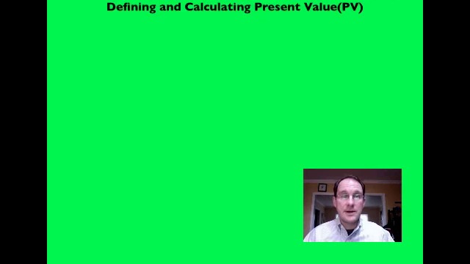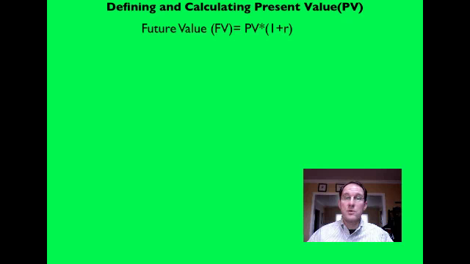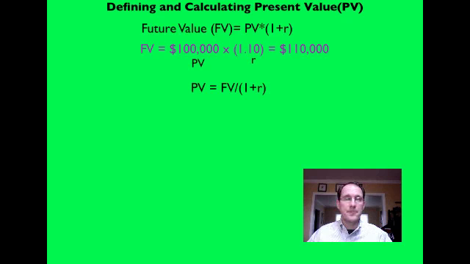Okay, let's talk now about definition and calculation of present value. In order to do that, we're going to start with future value. And we know that future value equals present value times some interest rate, as we saw in the Davis and Kenzie example. Speaking of that example, future value equals $100,000 times 1.10, where the $100,000 is present value. 10% was the interest rate, so 1 plus the interest rate is going to be 1.1 in this example to get $110,000.